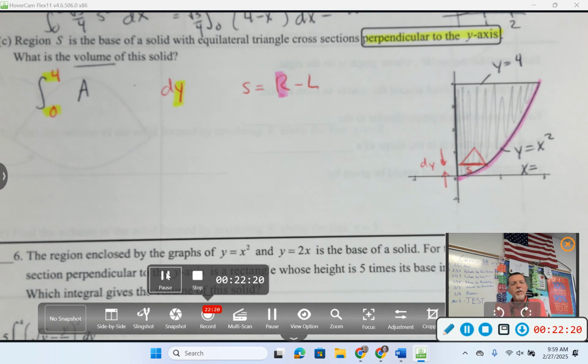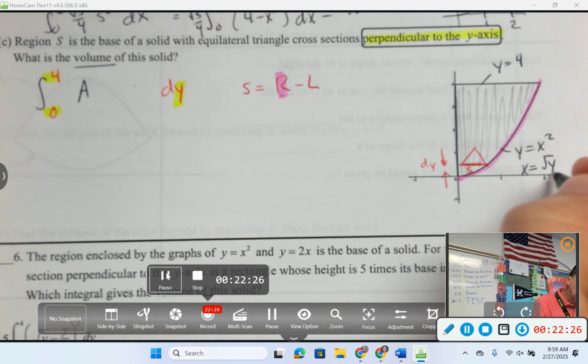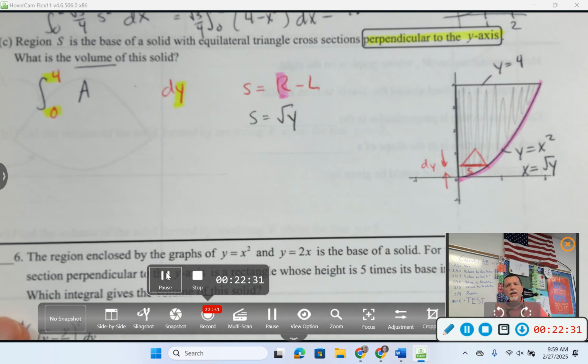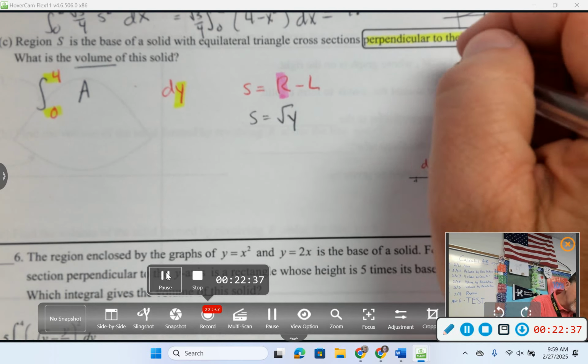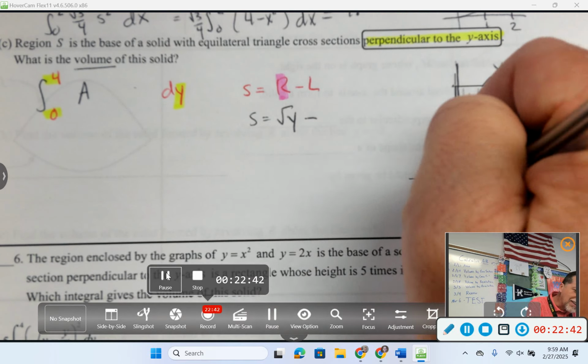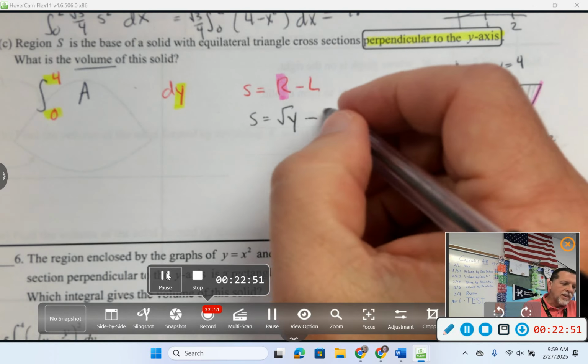So what does x equal? Square root of y. So my right-hand side is the square root of y. That's my x value because I'm doing right minus left. My left-hand side is this. What's that? It's kind of weird. I don't even use the y equals 4. That's just 0.